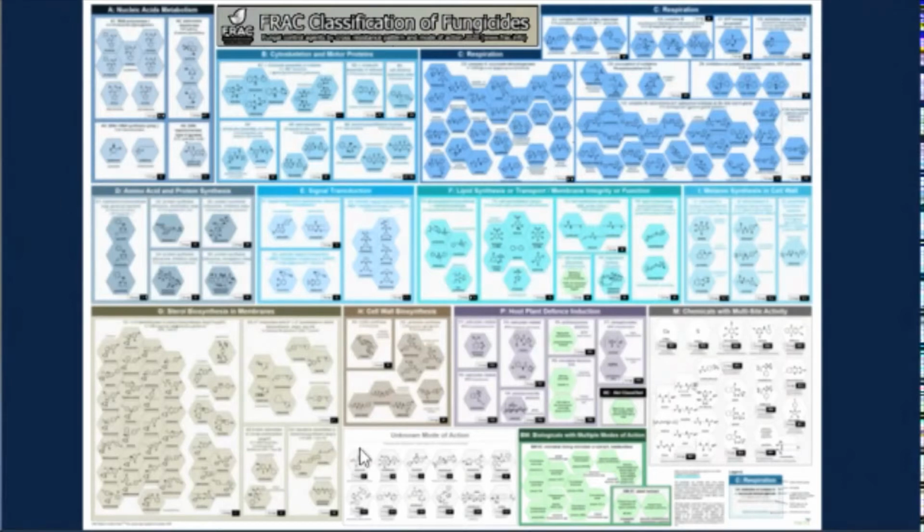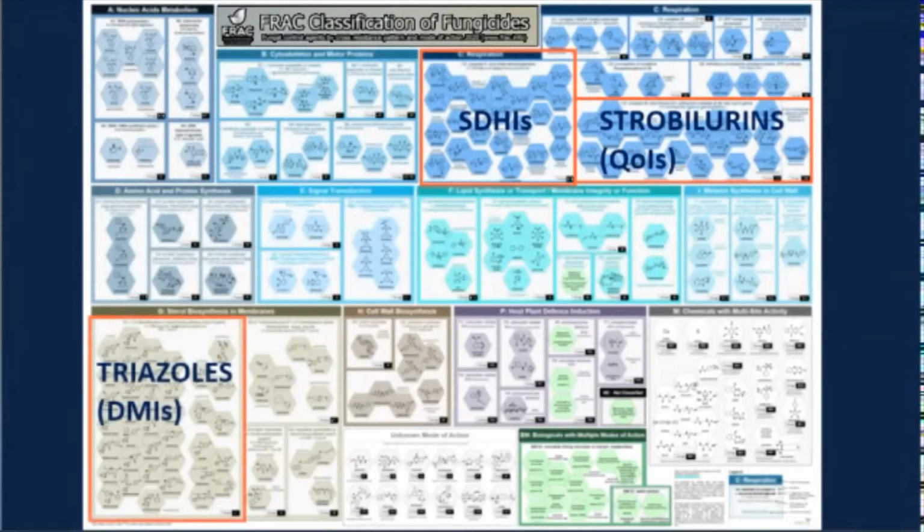So there's obviously a lot of fungicides, but when it comes to applying foliar fungicides for field crops, we have three modes of action that we're looking at. We have SDHIs, strobilurins or QOIs, and triazoles, or DMIs.